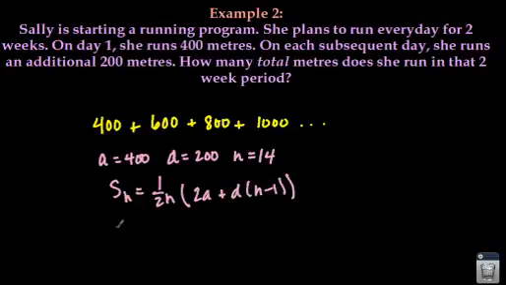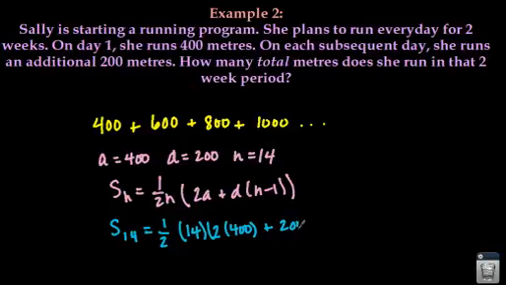The sum of 14 days of running, the distance here, is half times n, which is 14, times 2 times quantity 400, plus 200, that's our D, times n, which is 14 minus 1.